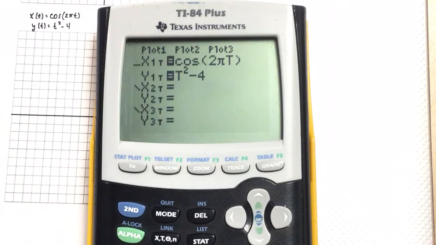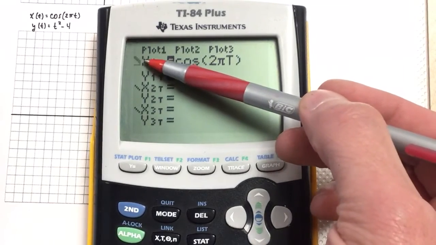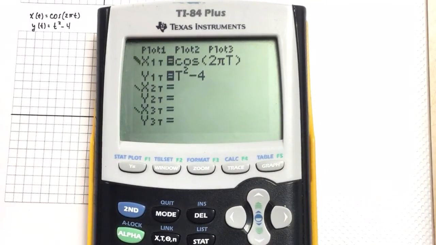Now, if you have a color calculator, it'll be like blue, in a line. If I hit enter, it changes the line style. Now you can see hitting enter once turned it into a thick line for me. If you've got a color calculator, you can change the color, you can change the line style.